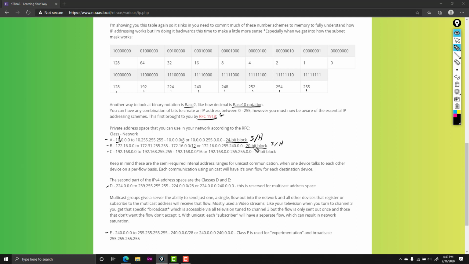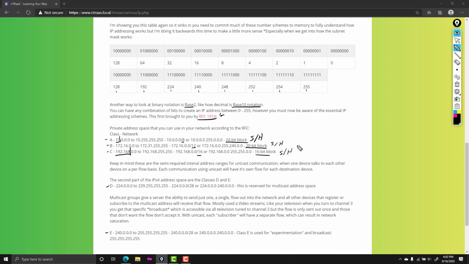Now for class C, we have 192.168.0.0 through 192.168.255.255. In this particular subnet, we have a /16, which gives us a 16-bit block. You'll notice that the /16 gives us this network to start out, 192.168, and gives us the other 16-bit blocks for our subnets and hosts.